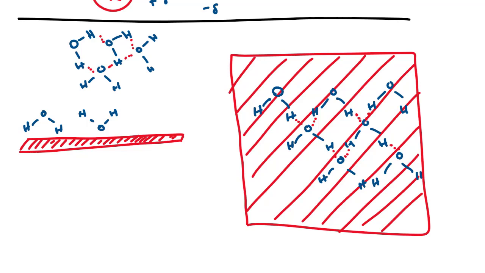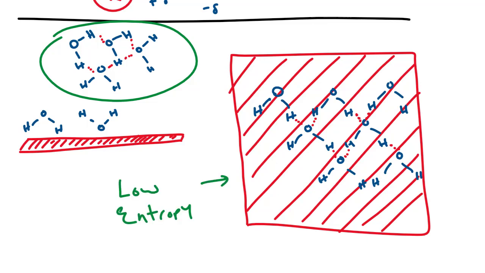Well, this is very structured. This is much more structured than water being able to freely rotate around, like here in solution. So this right here is a very ordered structure by water molecules. So low entropy.